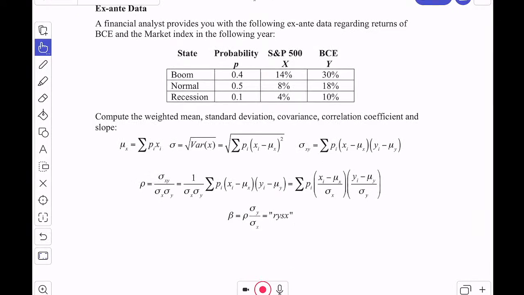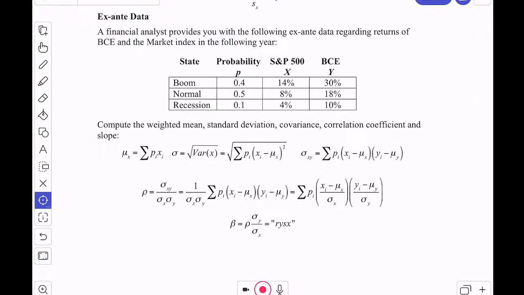And so this was the example with ex-ante data. All I've done here is present the table with probabilities, right? So this is now a distribution. This is a discrete distribution of returns. And there's only 3 possibilities.